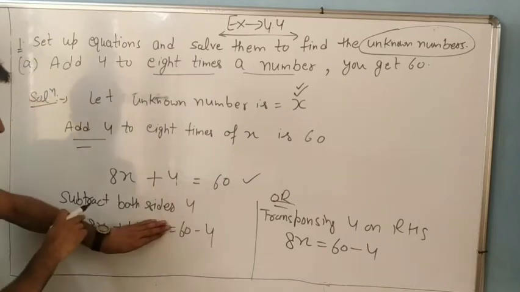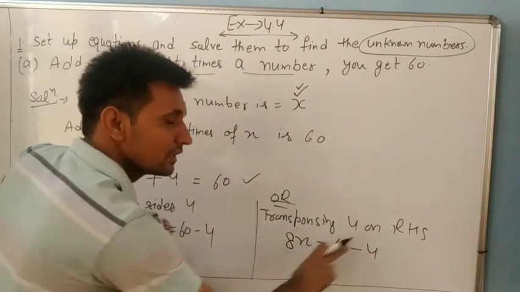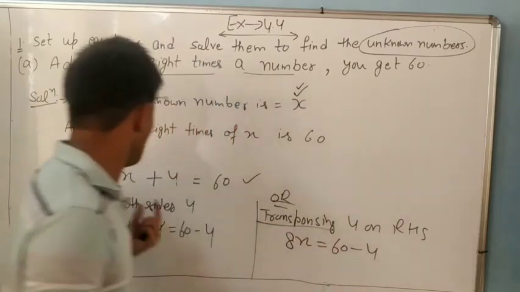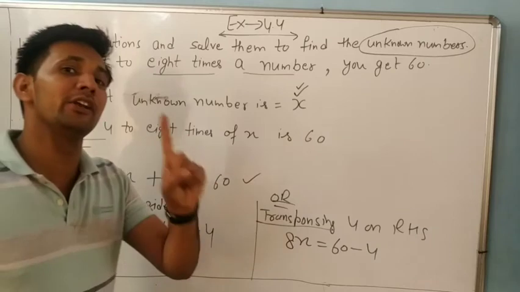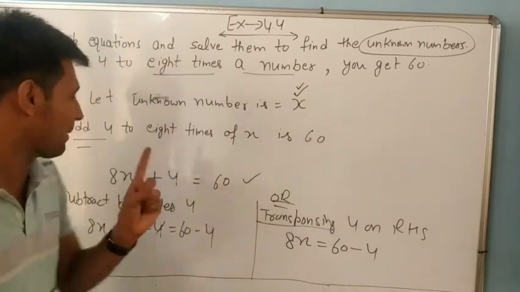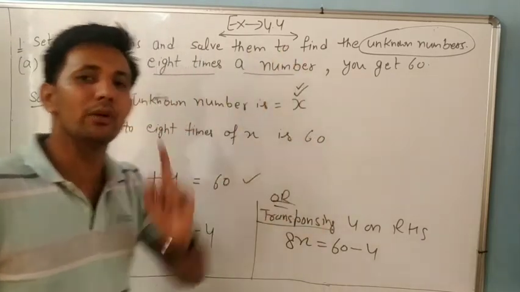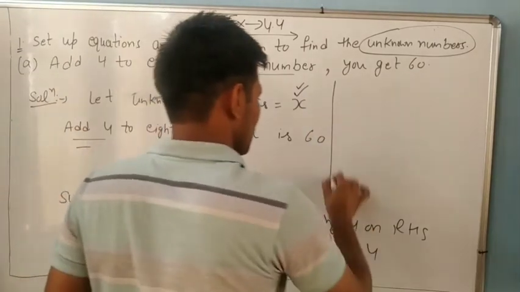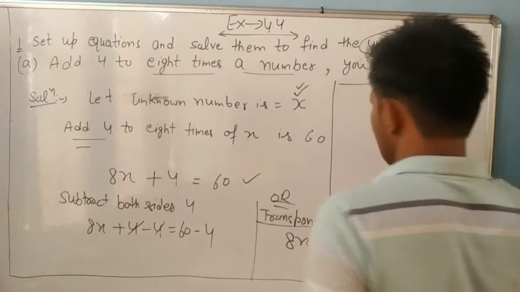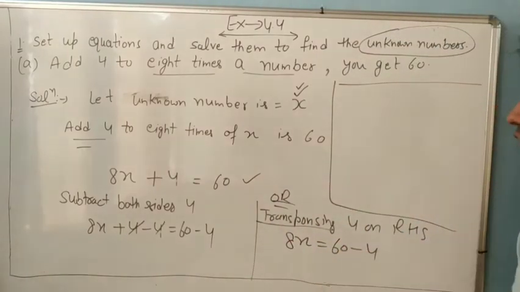Look here: 8x equals 60 minus 4. So in place of adding or subtracting, you can write transposing. But in transposing you have to always remember positive becomes negative, negative becomes positive. Now I am writing its answer here. Anyone you can use.